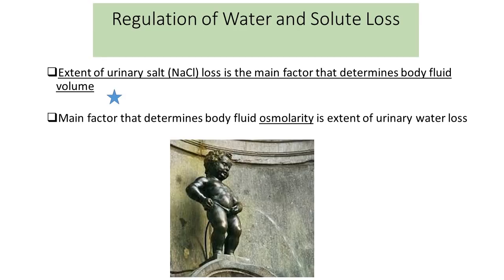The main factor that determines body fluid osmolarity is how much water we lose in the urine. As we lose more water in the urine, our plasma osmolarity, or osmolality, will increase.